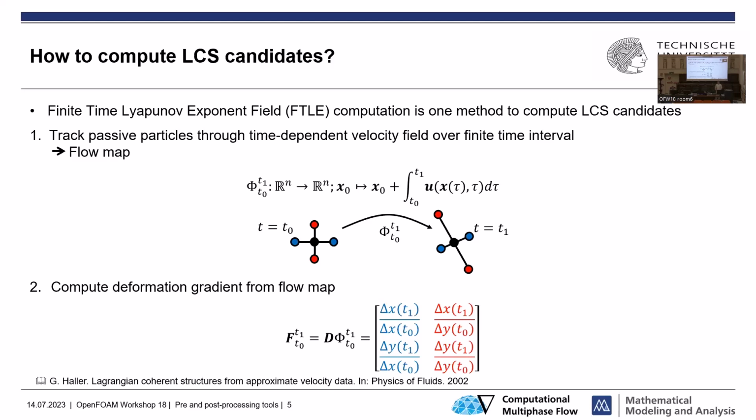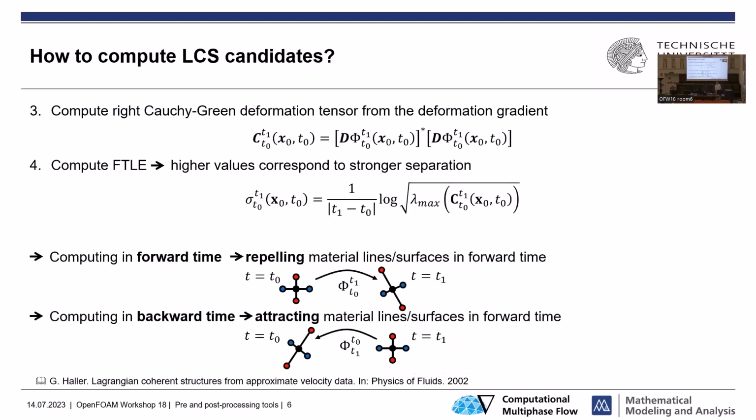You can compute that with this equation you see here, which is an approximation of the deformation gradient tensor. Then from this deformation gradient tensor, we can compute the right Cauchy-Green tensor. This tensor, especially, is an objective tensor, so it doesn't matter if the observer is moving. It will always give you the same values.